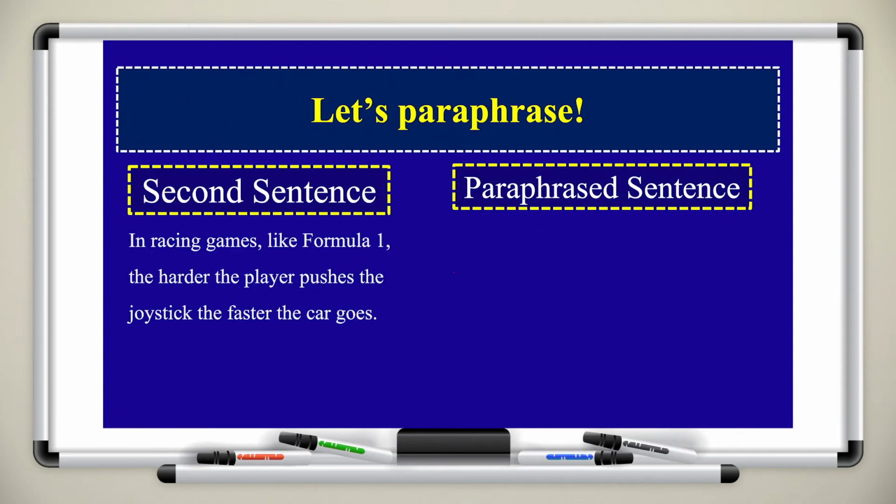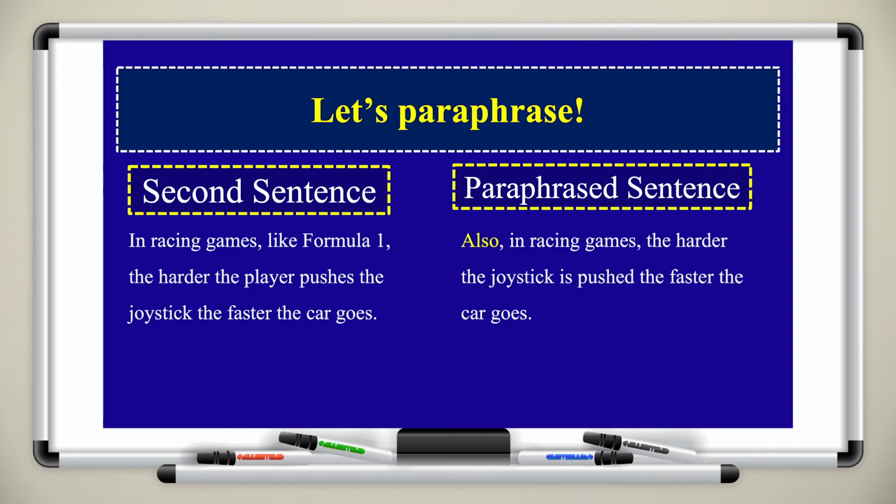For the second sentence, in racing games like Formula 1, the harder the player pushes the joystick, the faster the car goes. If we look at this sentence, it's an active sentence. So let's change it into the passive. For the paraphrase sentence, also, in racing games, the harder the joystick is pushed, the faster the car goes.